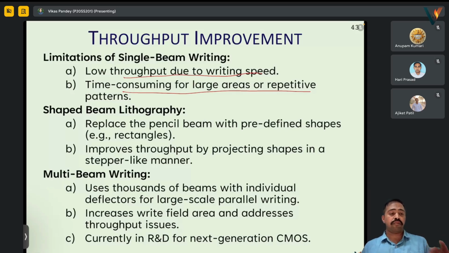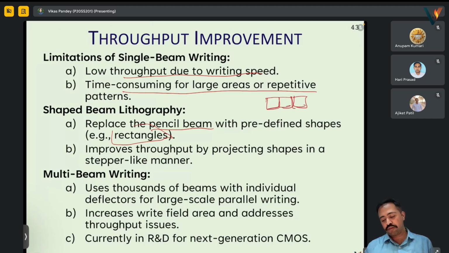So what is a solution for this? Replace the pencil beam, that is the focused beam, with a predefined shape, say rectangles. So it is like projection lithography for one small rectangular area, then again projection lithography for the next area.